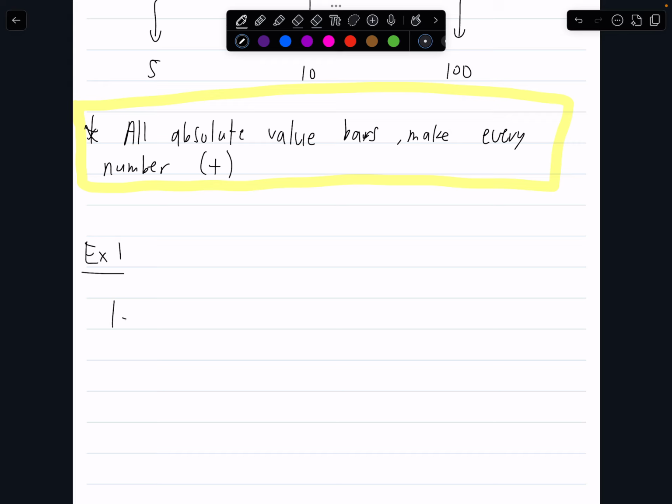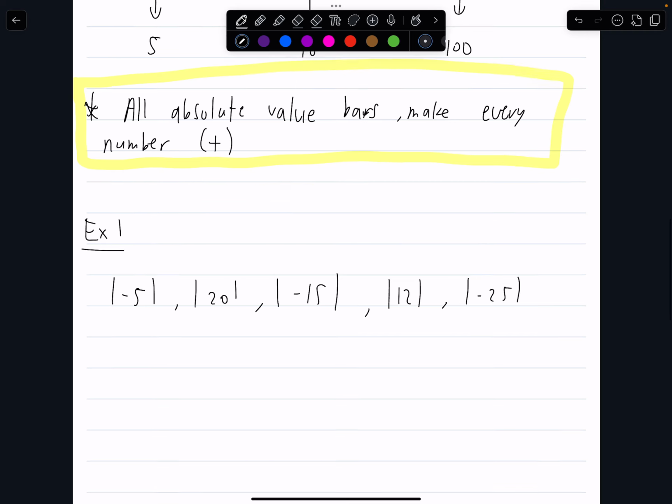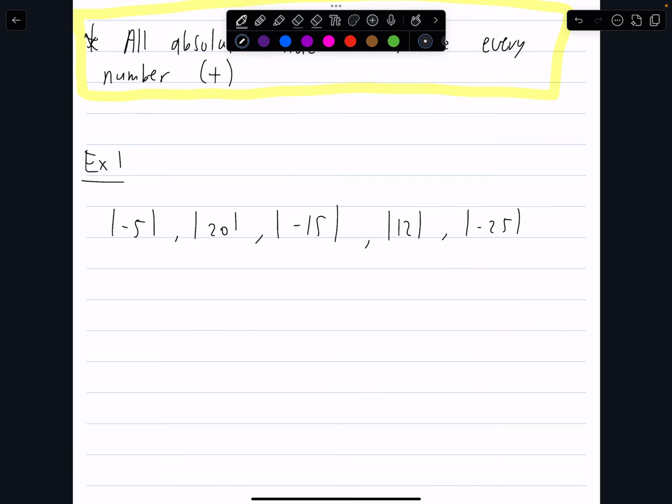Let's say you had negative 5, 20, negative 15, 12, negative 25. Okay? So let's say we had these 5 numbers, and they'll say arrange it from greatest to least.